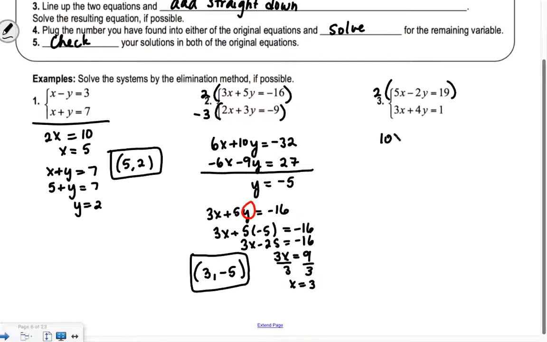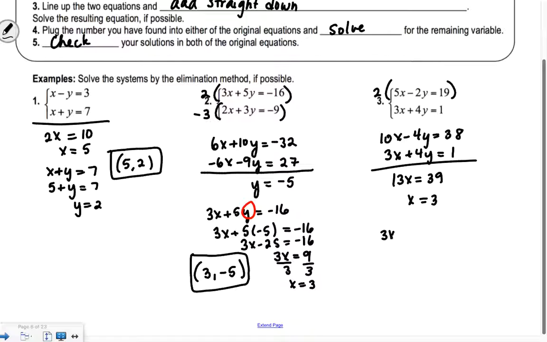So we have 10x minus 4y equals 38, and then I have 3x plus 4y equals 1. When I add straight down, my y's go away. I get 13x equals 39, so x equals 3. And then I plug into any equation.